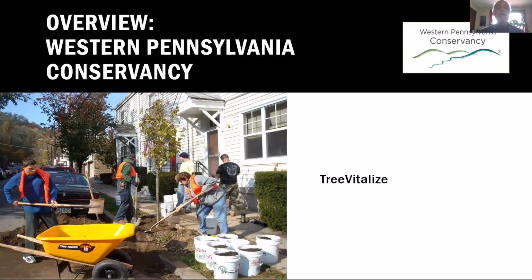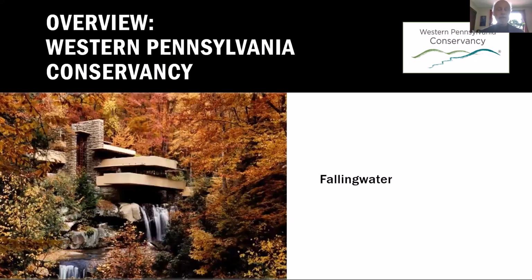Tree Vitalize is sort of an outgrowth of that program or that department. And this is a statewide effort. We're one of the major partners. And the whole idea is to plant trees pretty much in urban areas, even though we team up with some other parts of the program to plant trees anywhere we can. Next.